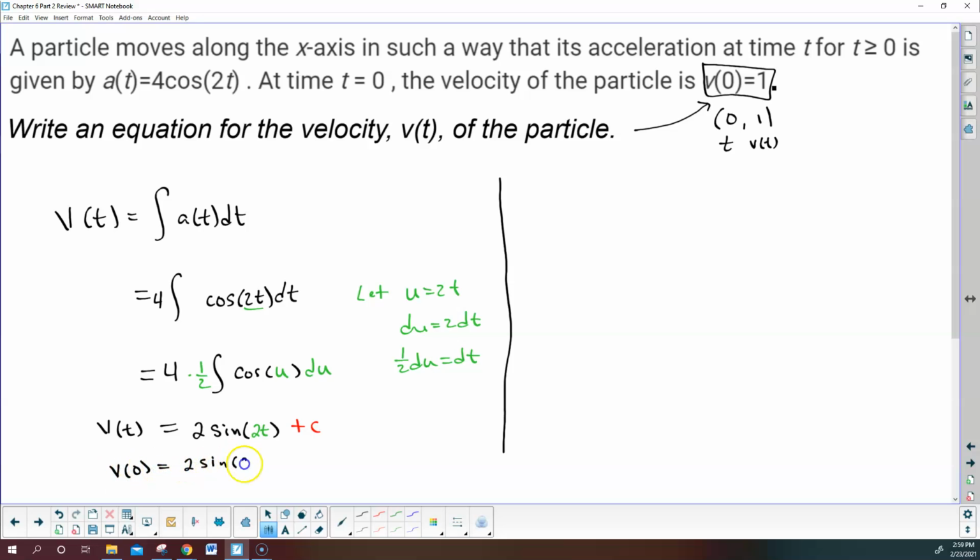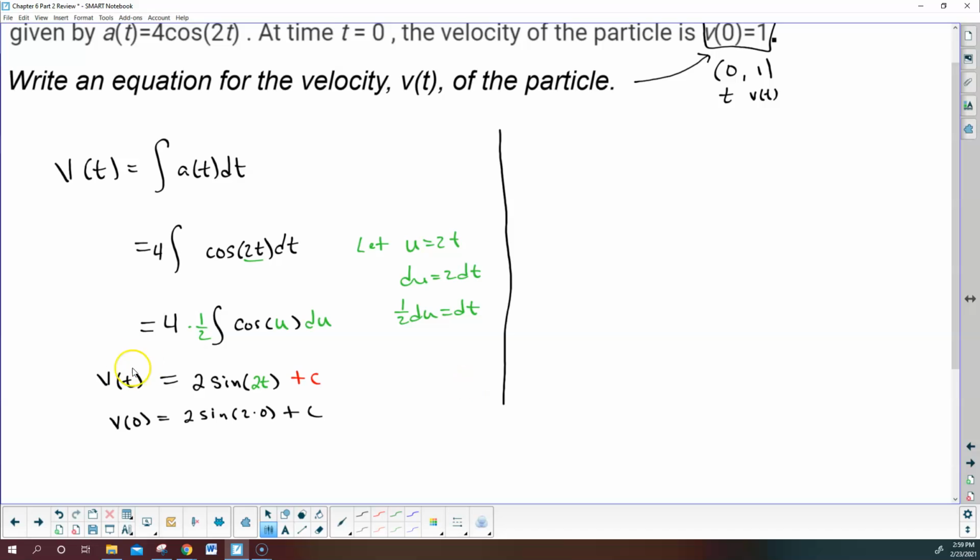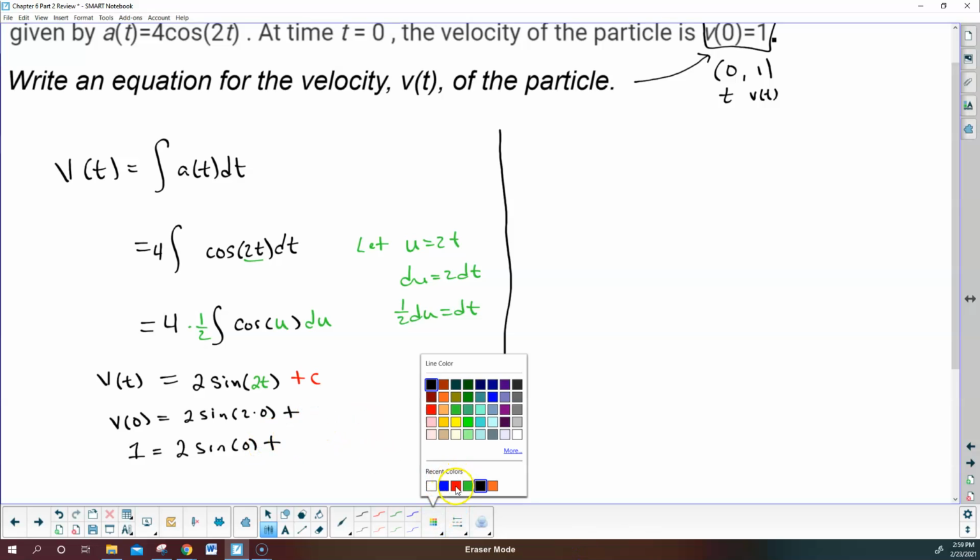We can actually find that specific c value that we're looking for. Okay, well, v of 0, that is equal to 1. So v of 0 is 1. 2 times the sine of 0 plus, and actually I'm going to make this a red c just to keep it the same.